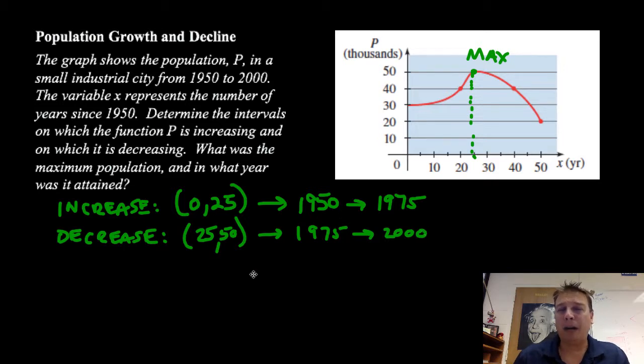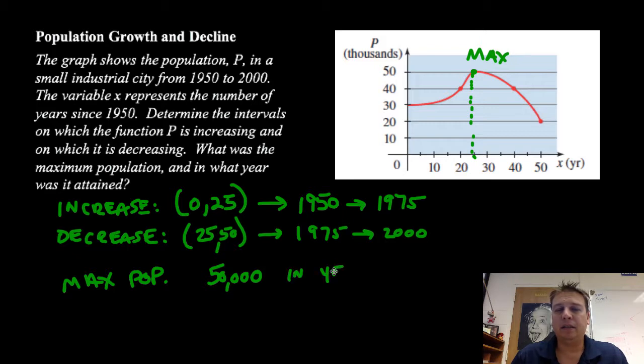So the maximum population looks like right here. So max pop is, let's see, it asks for what is the maximum population. So 50,000 residents in the year, not 57. Okay, try that again.